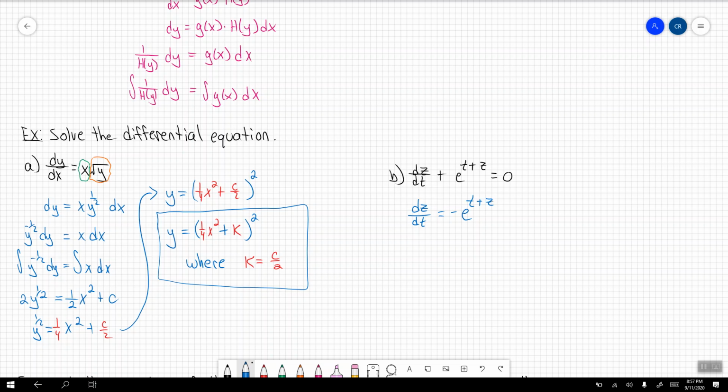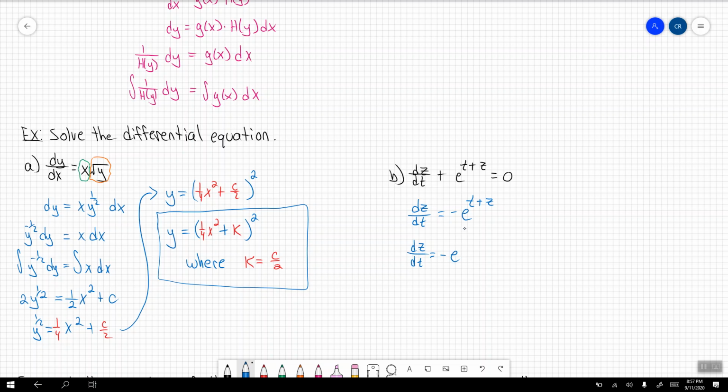Okay, pretty good so far. All I did was subtract e to the power of t plus z from both sides. Now I can talk about separating this differential equation. So how in the world will we separate this?